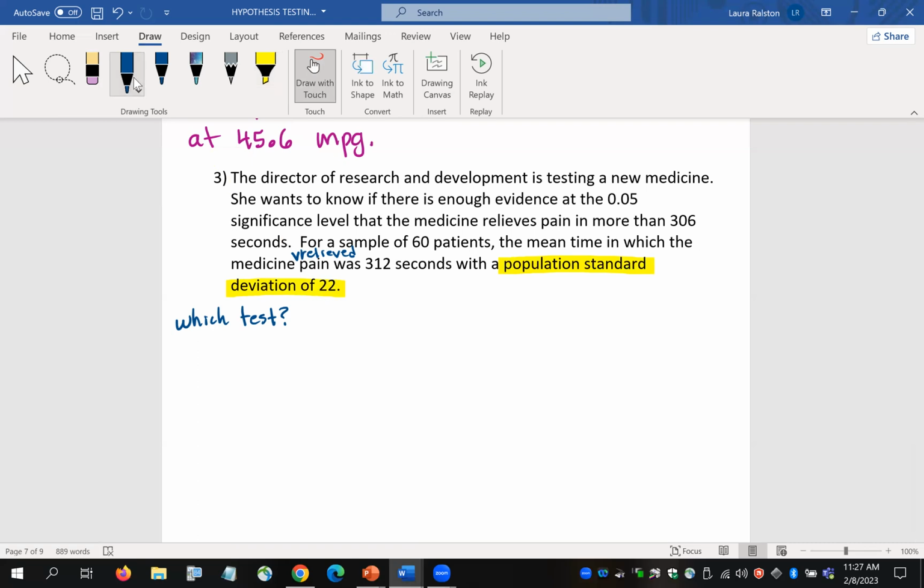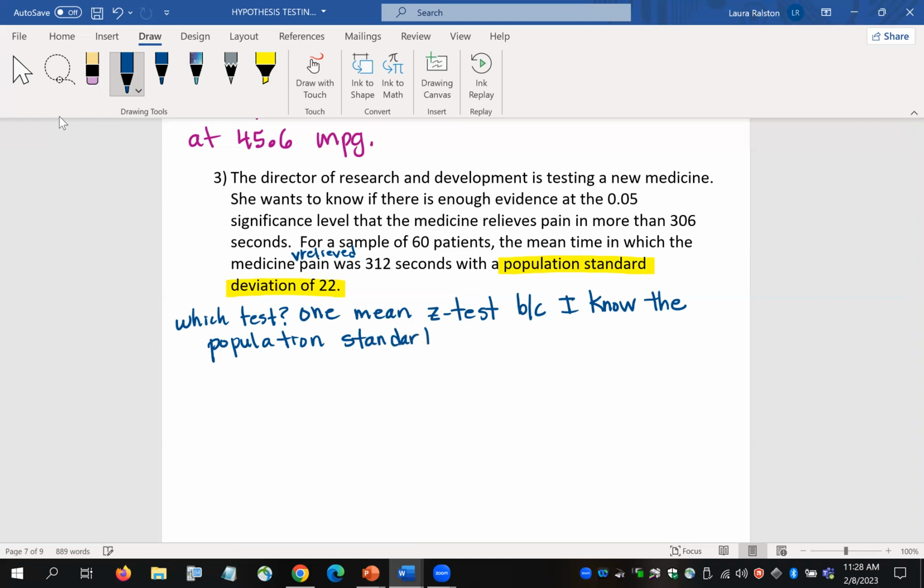Because it tells me the population standard deviation, I know that I'm going to do a one mean Z-test, because I know the population standard deviation.